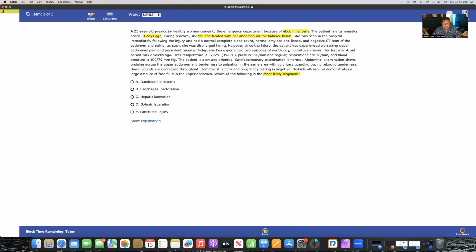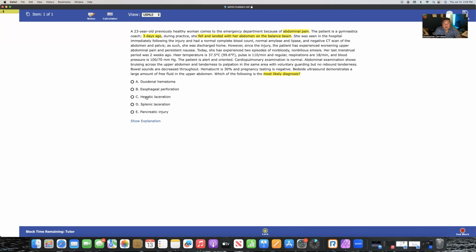So if I'm being an active test taker, right there, I can go and get rid of hepatic laceration and splenic laceration because at least for the purpose of the test, those are not going to be things that really have a delayed presentation like that. That's something where at a bare minimum, there would have been some injury evident on that imaging that you did.